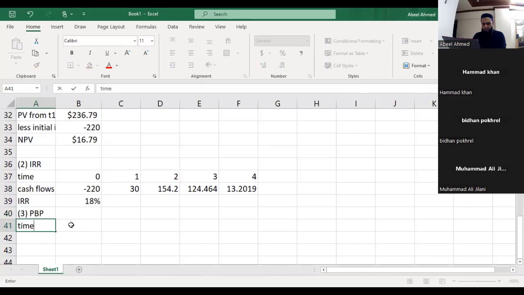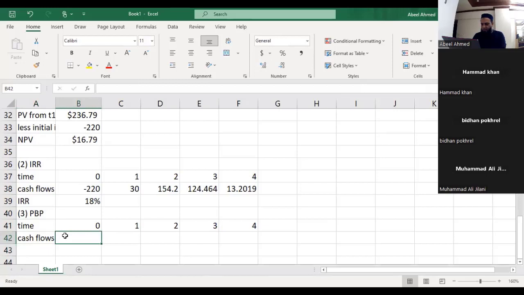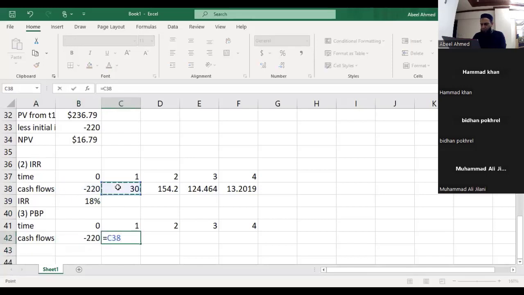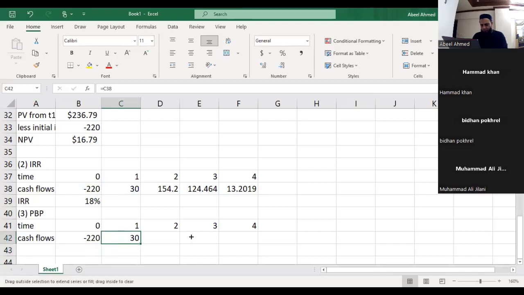Let's take the time is going to be 0, 1, 2, 3, and 4. Cash flows, let's simply take the cash flows. These are the undiscounted cash flows, if I'm not wrong. I hope the option of drag should work.